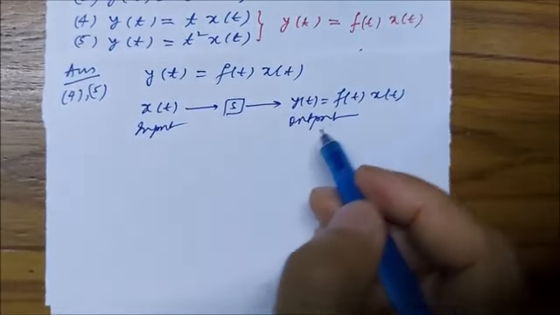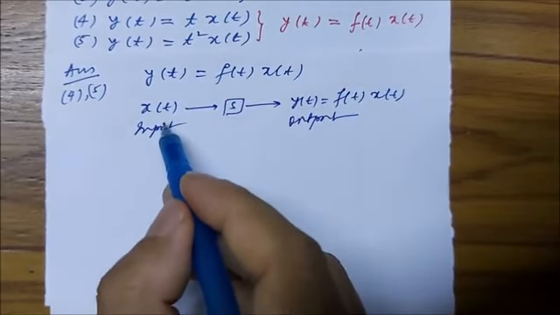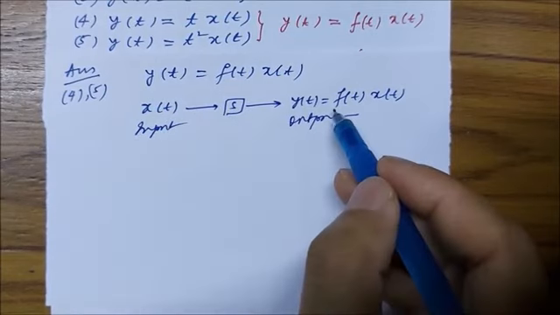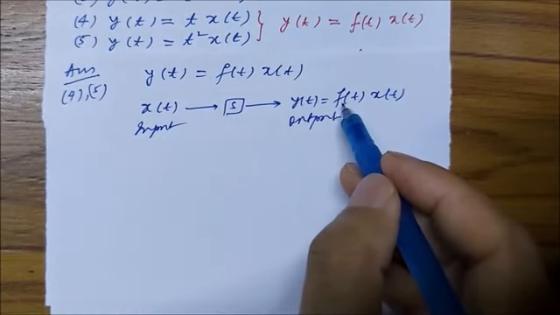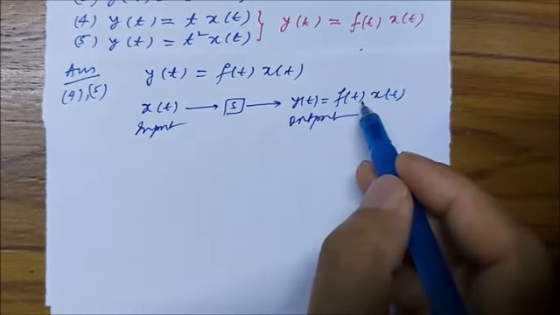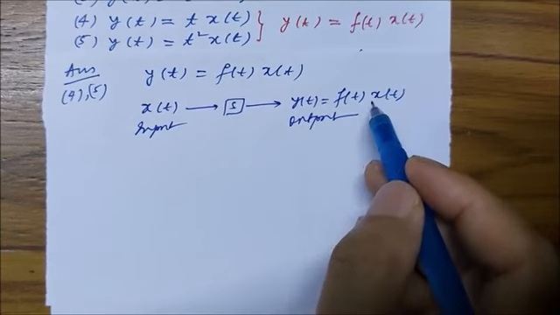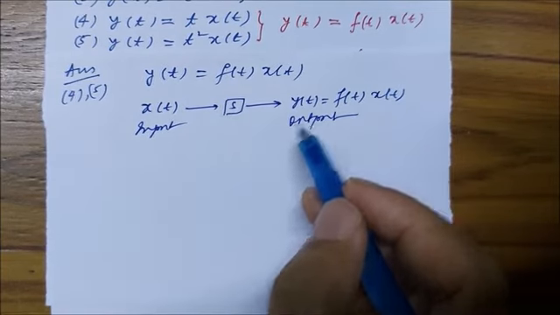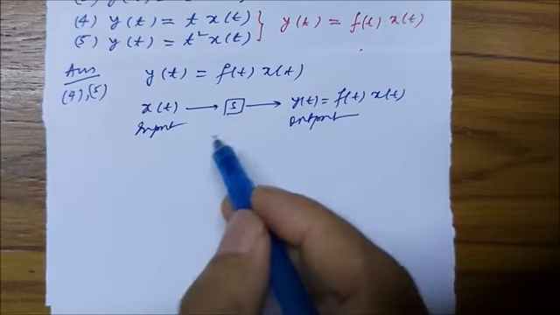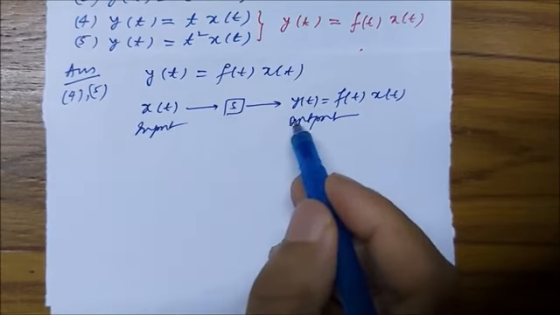And here we note that t in the input is replaced by f of t as a pre-multiplier to x. So this is the effect which the system has on the stimuli. This is the response of the system.